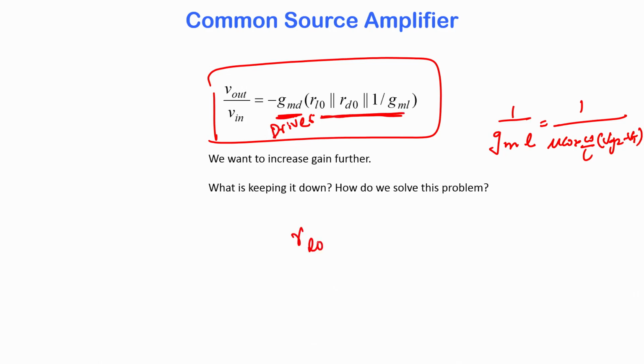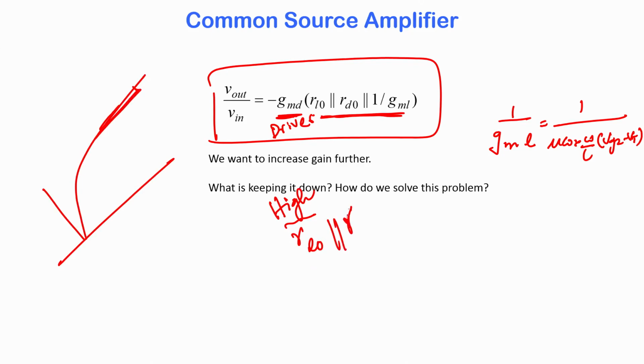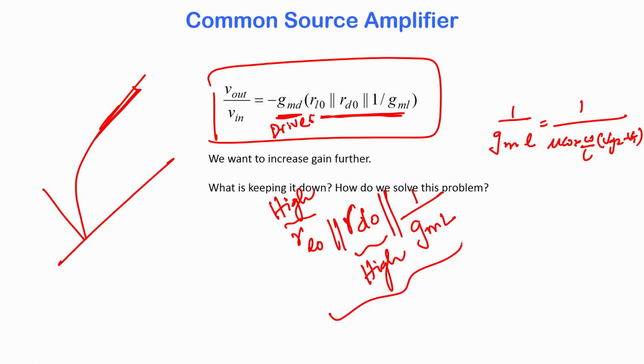You have RLO, which is high because it is the output impedance of the MOSFET in saturation, it is very large, in parallel with RDO, which is also the output impedance of the driver MOSFET in saturation, that is large, but the parallel combination with GML is going to reduce this entire term.